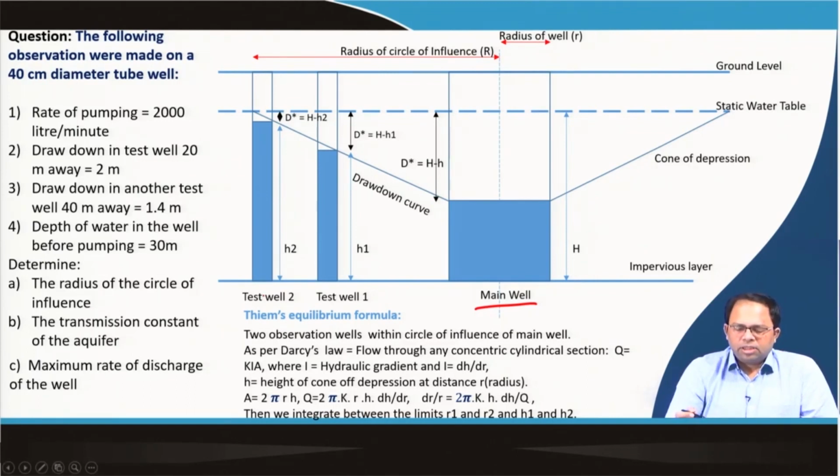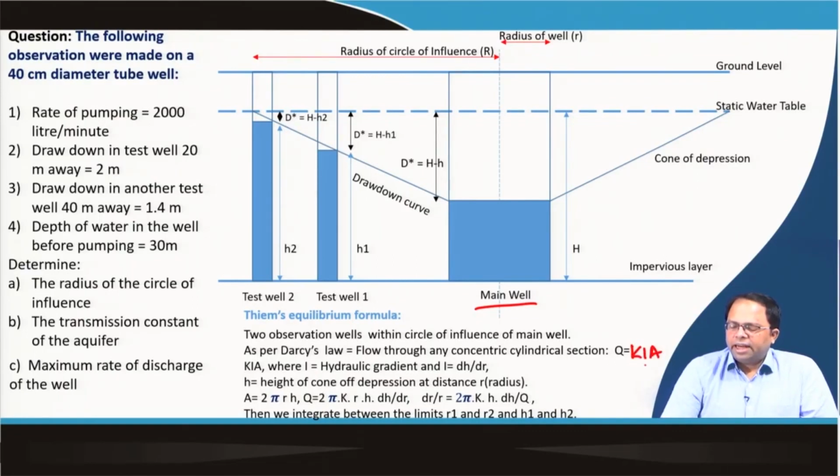These are two observation wells which were within the circle of influence of the main well. That means whenever you pump from this well, the water table will go down, and within that circle of influence we will have two test wells. And as per Darcy's law, we know that flow through any concentric cylindrical section, Q is equal to KiA.